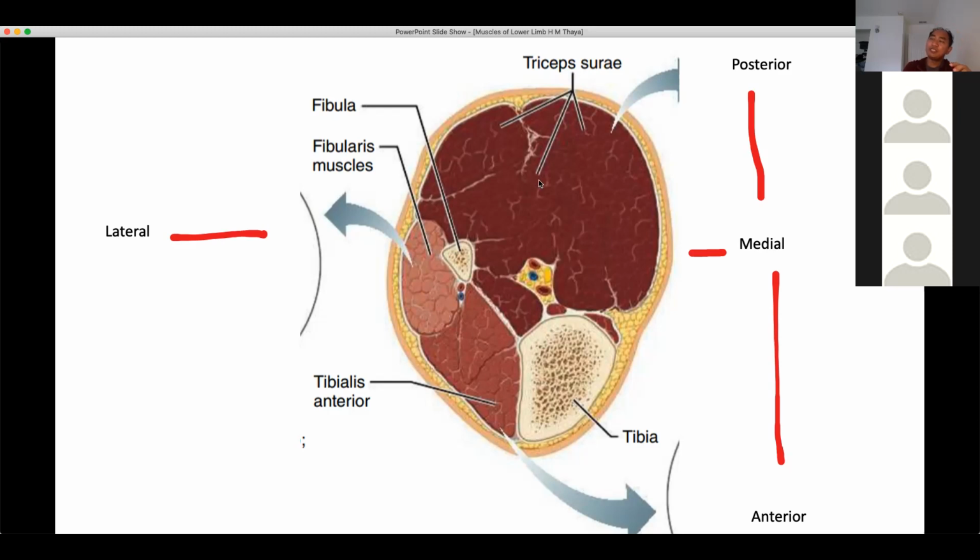The posterior group can be divided into superficial and deep. The superficial group is gastrocnemius, which everyone knows, and soleus. The deep group is the plantaris muscle, and the Tom, Dick, and Harry.